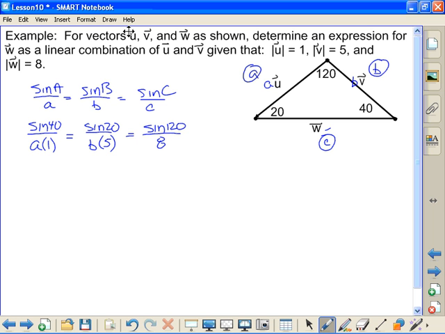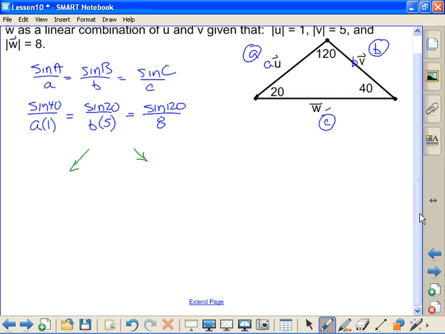So that proportional relationship will break into two equations for us. So I end up with sine 40 over A equals sine 120 over 8. I end up with sine 20 over 5b equals sine 120 over 8.